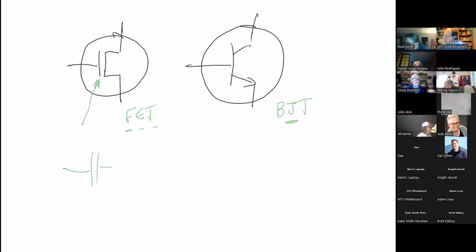And again, it's a field because there's a gap in between, and in between those 2 plates, there's an electric field. Now, the electric field, when it gets charged up plus, for instance, will allow this channel to open. When it goes away, it allows the channel to close, and the channel closes up.